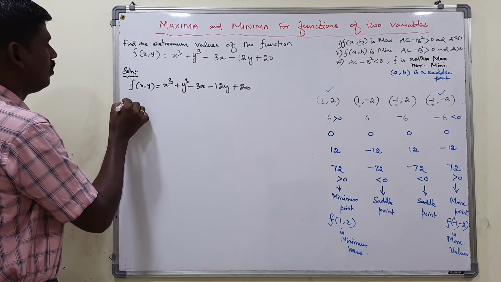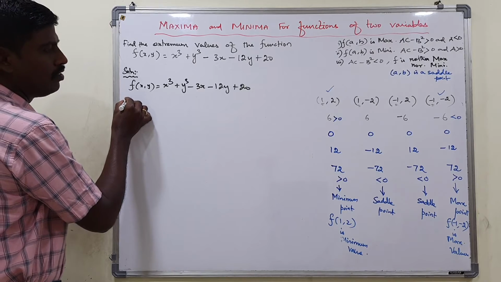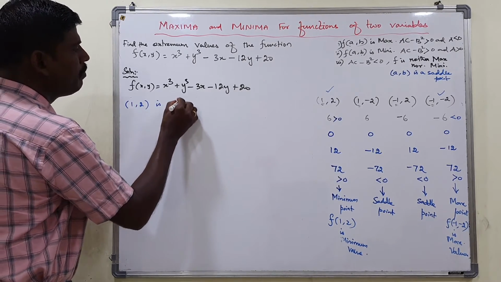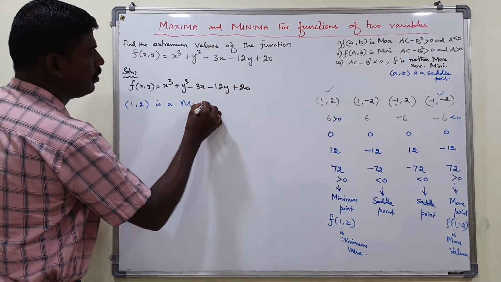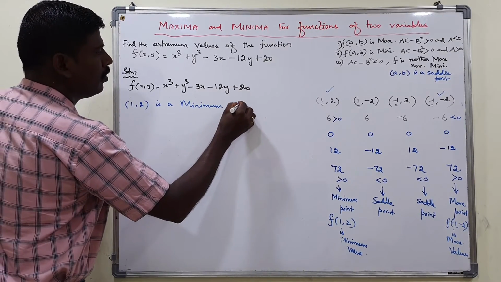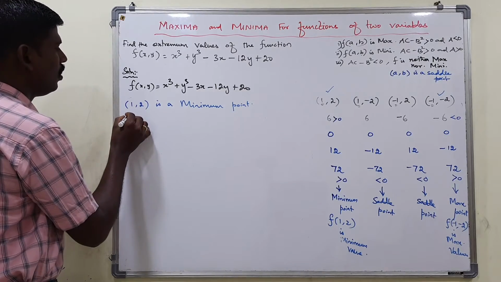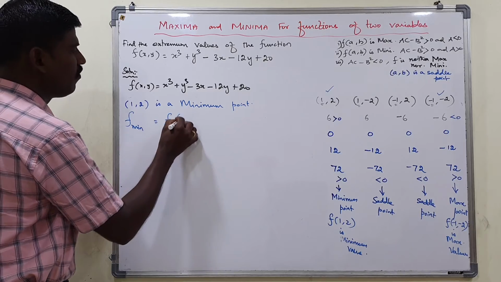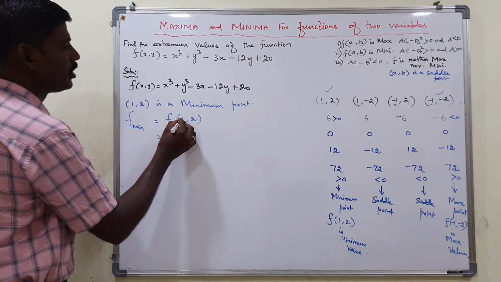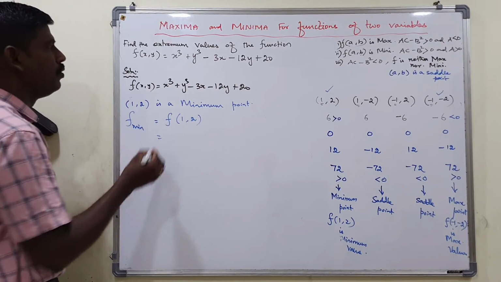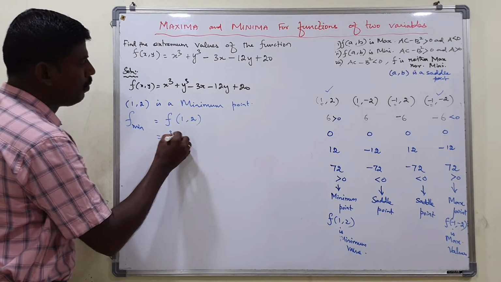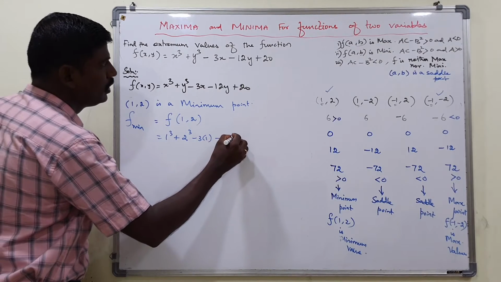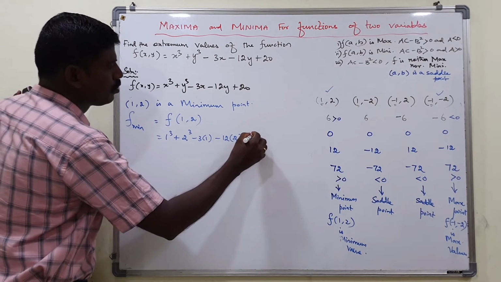Right. What can you say about that? 1 comma 2 is a minimum point. So F minimum is equal to what? F of 1 comma 2. Substitute x equal to 1 and y equal to 2, get the minimum value. So 1 cube plus 2 cube minus 3 into 1 minus 12 into 2 plus 20.